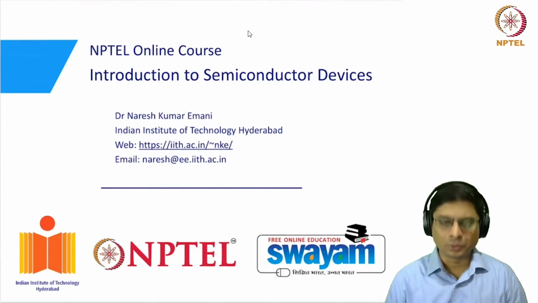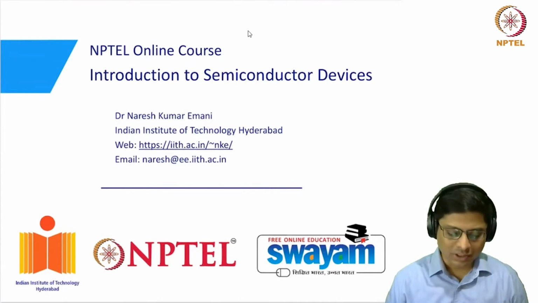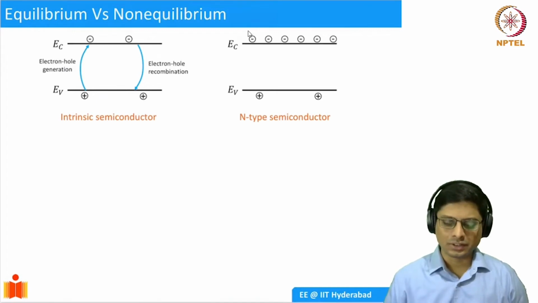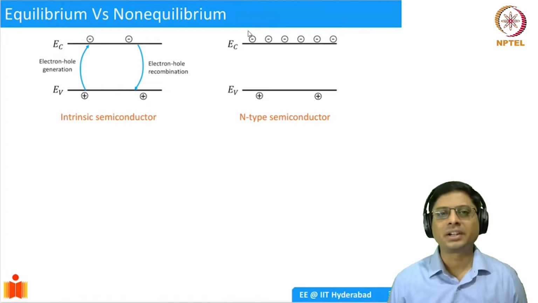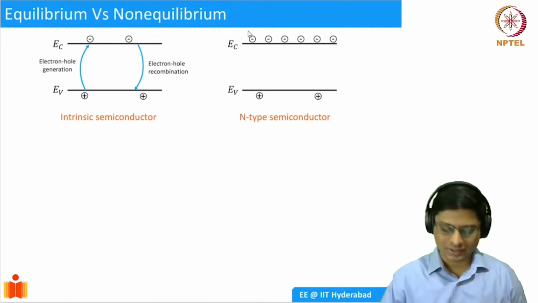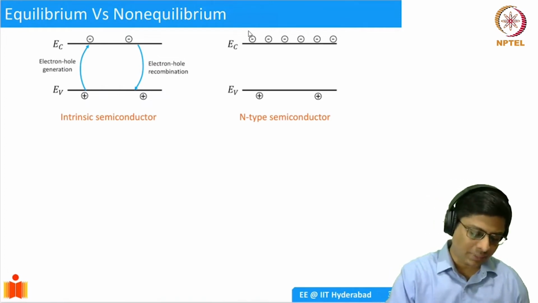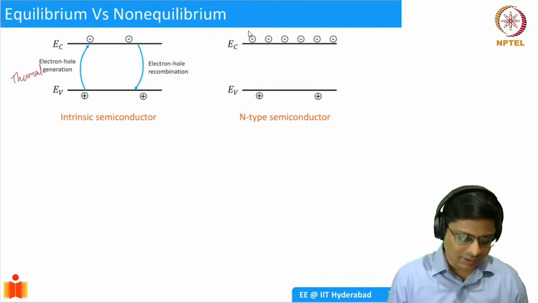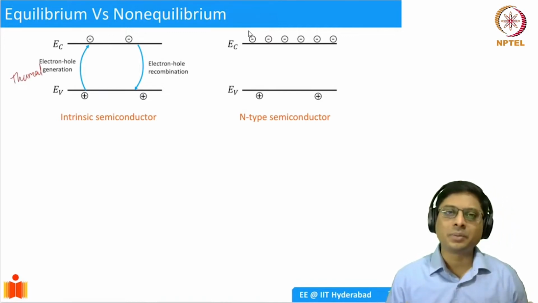So today we will move further and talk about one very important concept, which is known as non-equilibrium response. We have seen the equilibrium response many times so far. If you have an intrinsic semiconductor, there is an electron-hole pair generation process that happens because of thermal energy, and you have the recombination process.